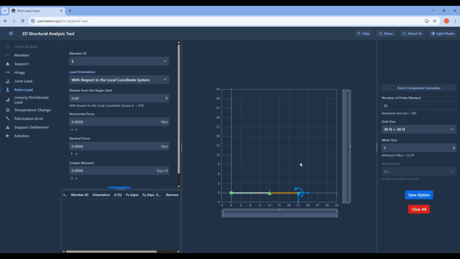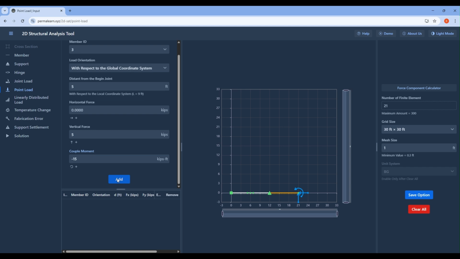If this member is inclined, it will follow this member's inclination. So from now on, I just click global, and the distance from begin load here is referring to the distance from point C here. So if I put, for example, 5 from point C, the horizontal force is the same as the joint load, and the vertical force is the same as the joint load. So I just add 5 kip, and the moment is -15 to be clockwise. So I just click add.